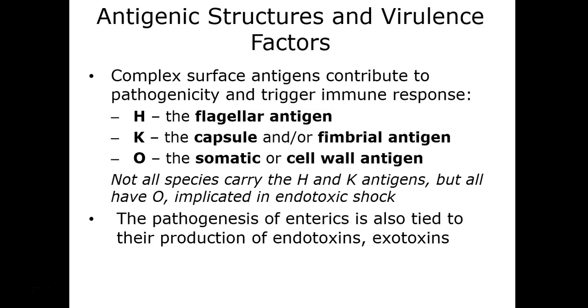So whether it's from the LPS, from the outer membrane as an endotoxin, or a toxin that's secreted, an exotoxin. We're going to talk about the AB toxins in a few moments, but those are examples of exotoxins.